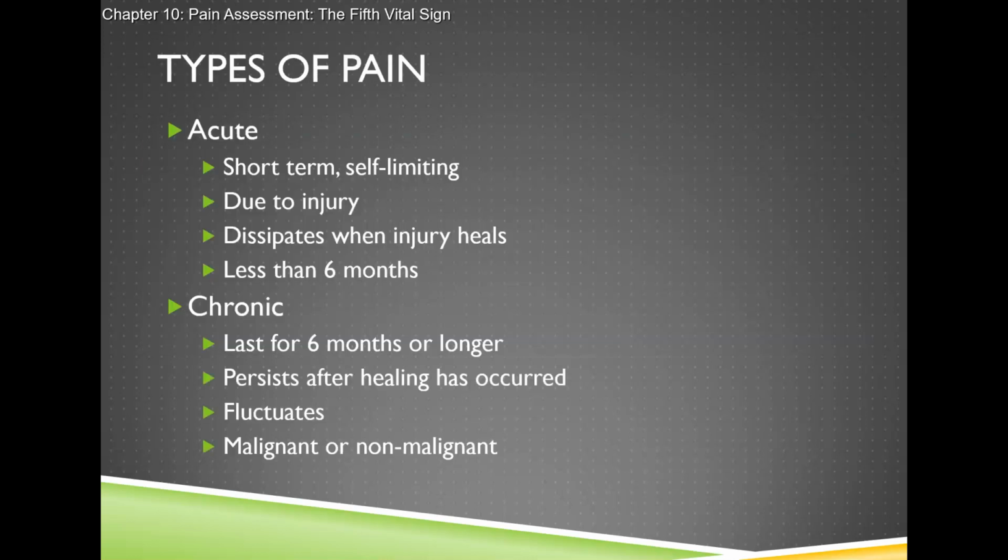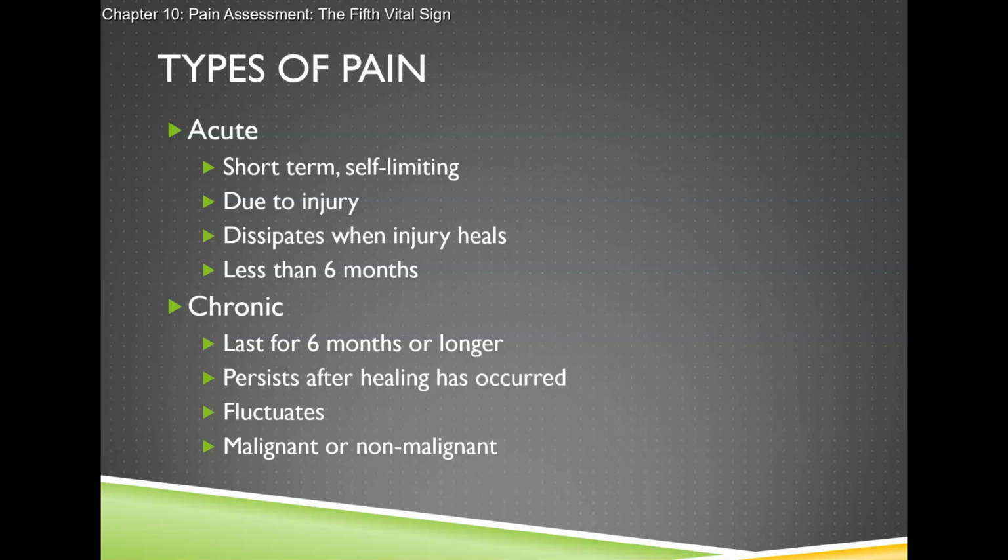So you do have the types of pain, and I know I've described this to you before. You have acute pain and you have chronic pain. I want to make sure that you guys are real sure on the difference between acute and chronic. Acute is short term, it's self-limiting, it's usually due to an injury, and it dissipates when the injury heals.